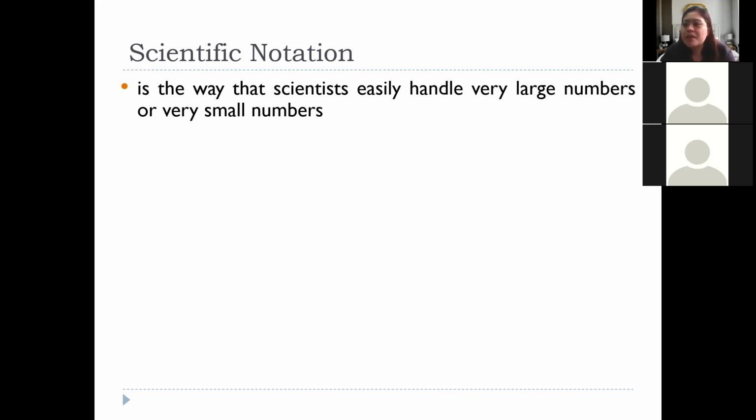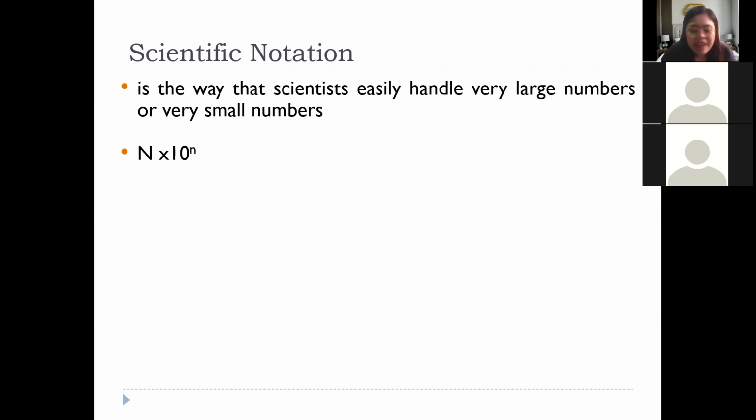For example, 0.00 with a lot of zeros. It is easier for us to write it using scientific notation than to write the whole numerical value, which has a lot of zeros. That is also true for very large numbers. For the two, again, we apply scientific notation.